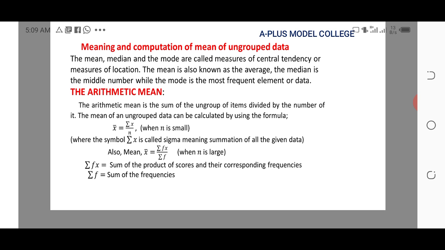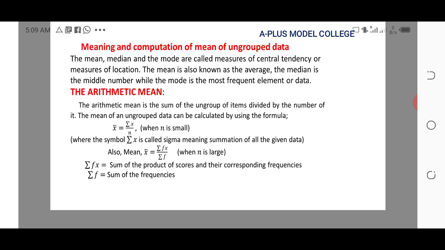While the measures of dispersion are the range, standard deviation, variance, and the likes. This shall be discussed in some other days.